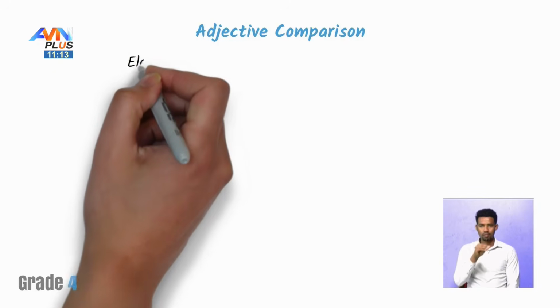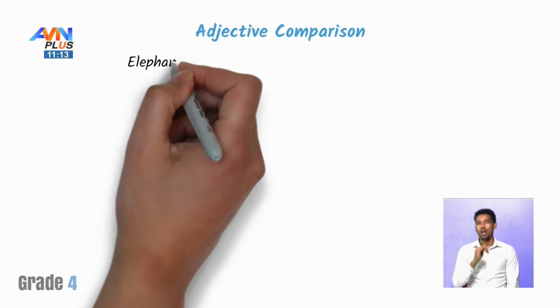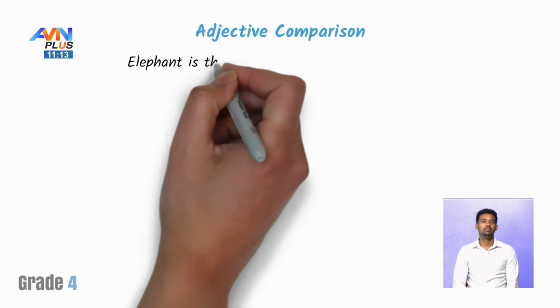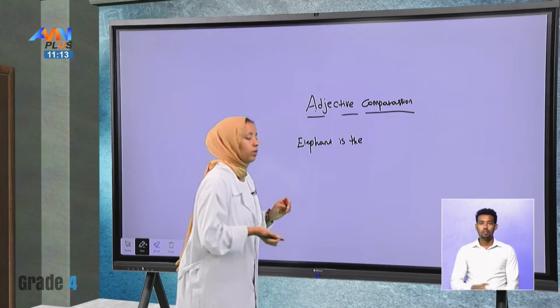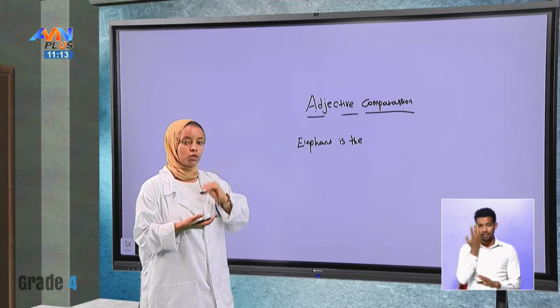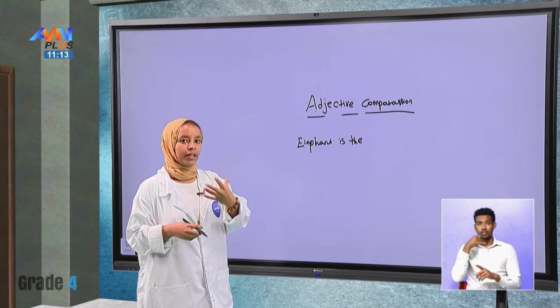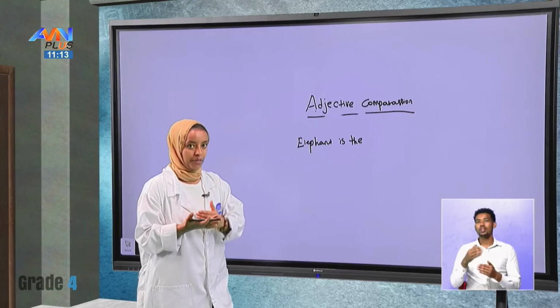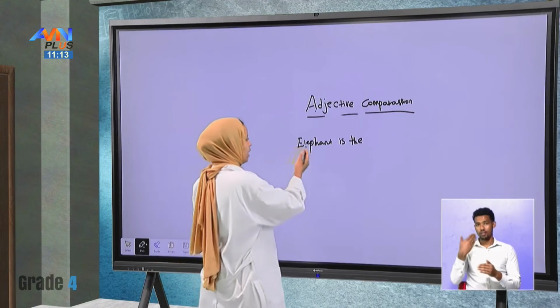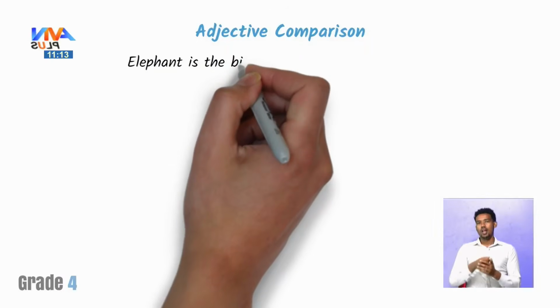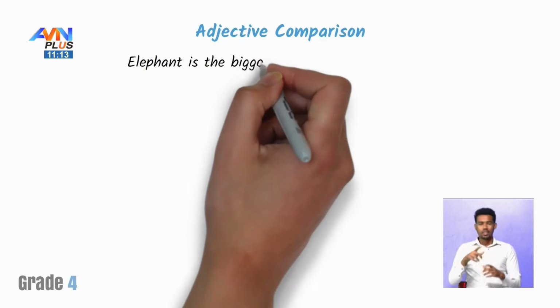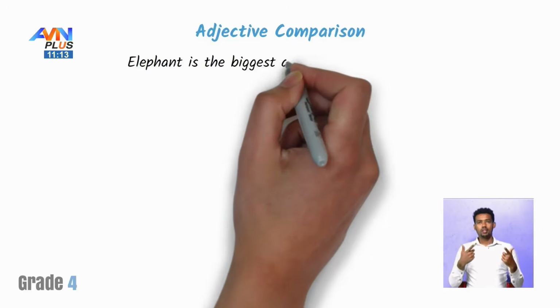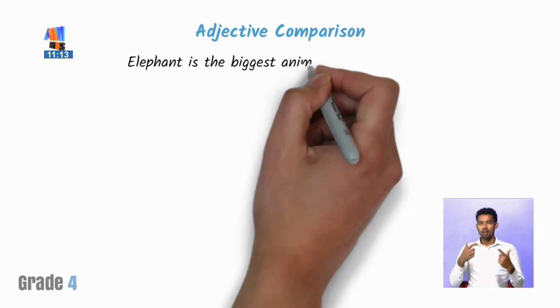Before a superlative adjective, we are always using what? The. So, elephant is the biggest animal.